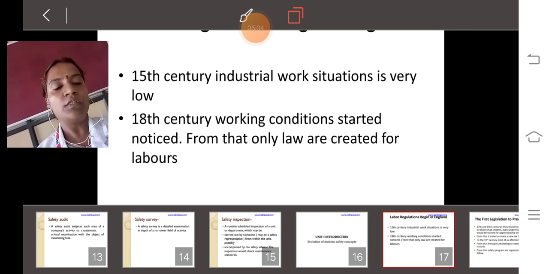In that scenario, they worked to avoid injuries to employers and employees. Similarly for equipment, they framed some regulations, and modern tool regulations started from the 15th century.